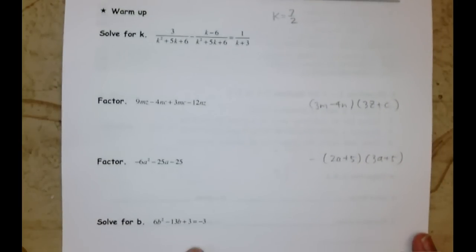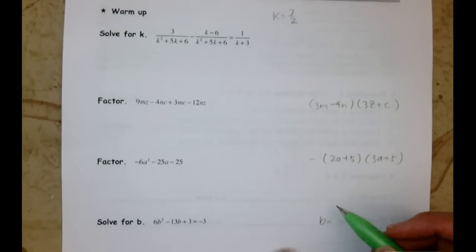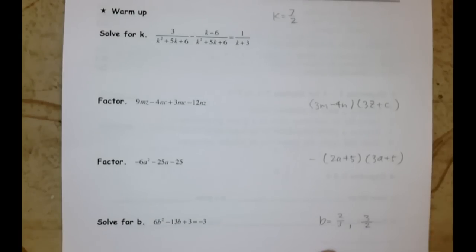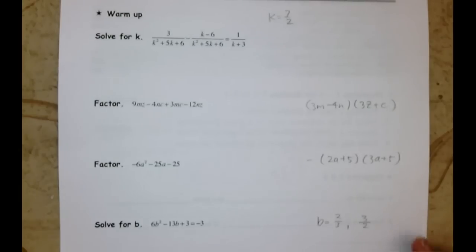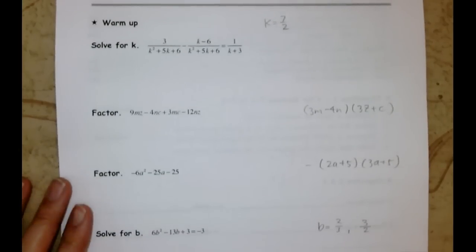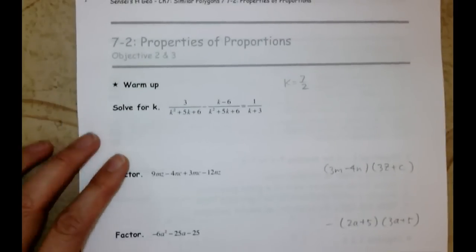And this one, I think you have b equal 2/3 and 3/2, I think. So if that's what you got, you can just fast forward, okay? All right, otherwise I'm gonna do a demo here.